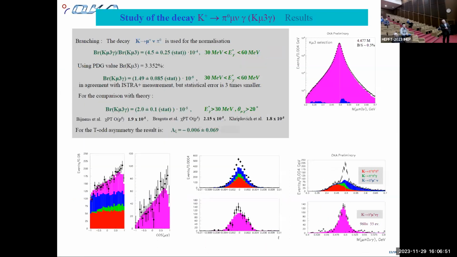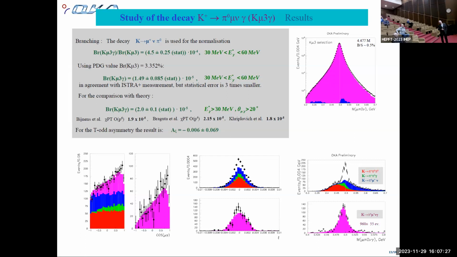So the branching calculation is straightforward. We're using K-3 for normalization. Here is the distribution over invariant mass of muon, pi zero, neutrino. You see it's a logarithmic scale. You see we have quite a good description of data by Monte Carlo, and we have 4.5 million events.